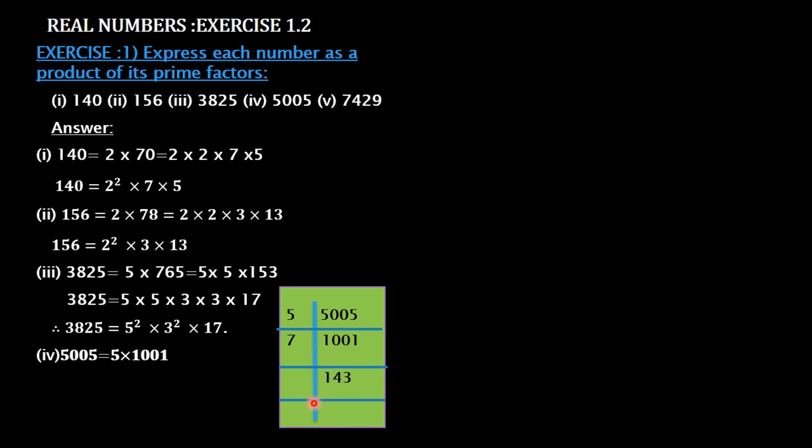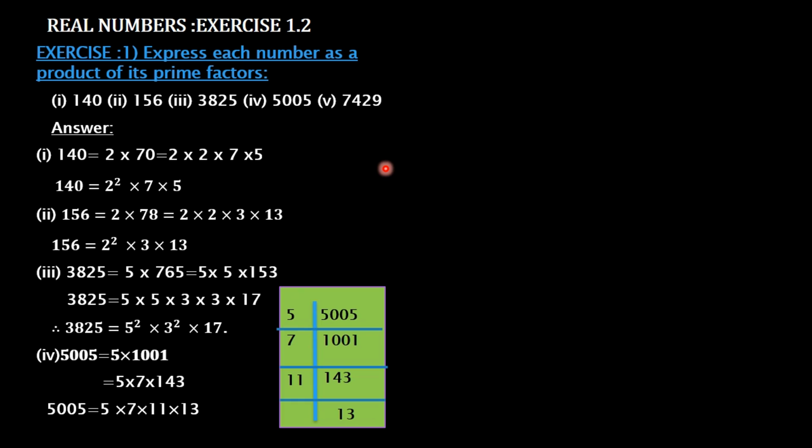Then what about 5? No. 7? 7 into 2, 14. 3 is our remainder. Then what about the next prime number? That is 11. Yes, it is divisible by 11. Then what is the quotient on dividing by 11? 13. Yes. So the prime factorization of 5005 equal to 5 into 7 into 11 into 13.